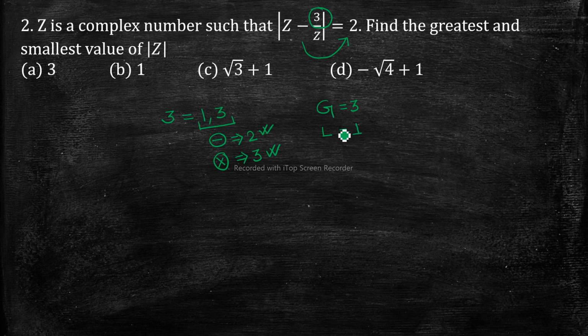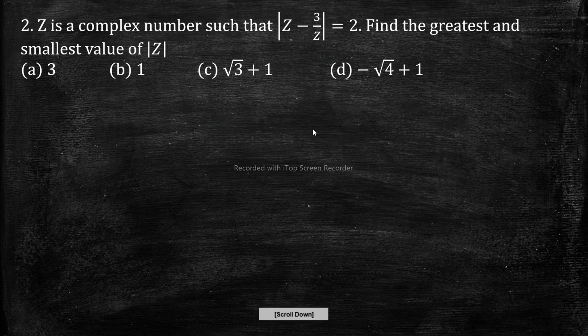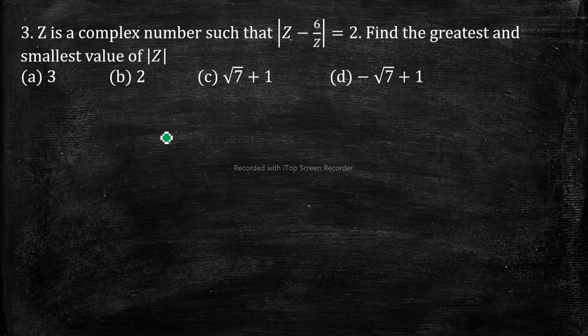Got the points? Now we'll see another problem, number 3. Again the same here, the constant term given is 6. So I'll first write 6. And what are the factors of 6? The factors of 6 are 1, 2, 3 and 6.